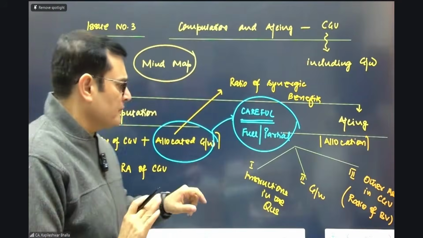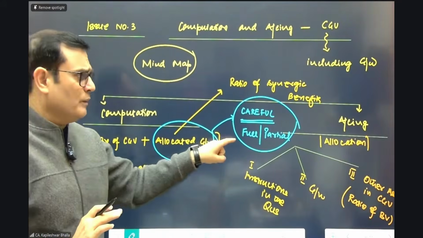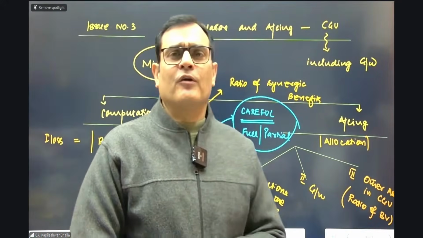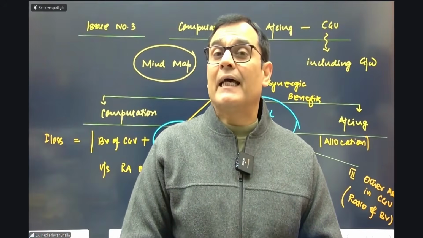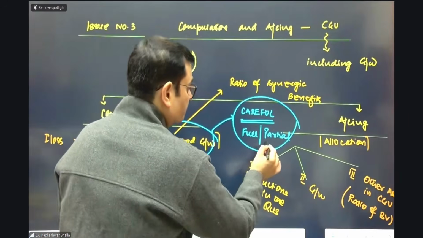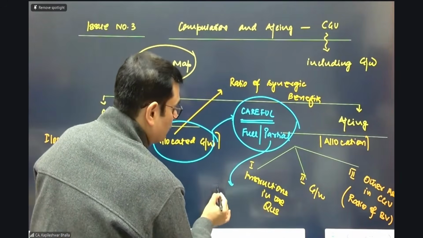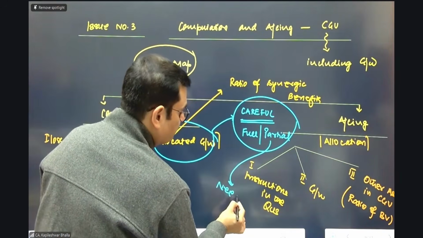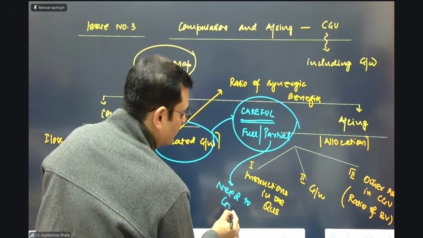Then we'll see that when you're considering this goodwill, we need to be careful, because if it is full goodwill, it can be added as it is. But if it is partial goodwill, it needs a grossing up. We'll see those illustrations as well.